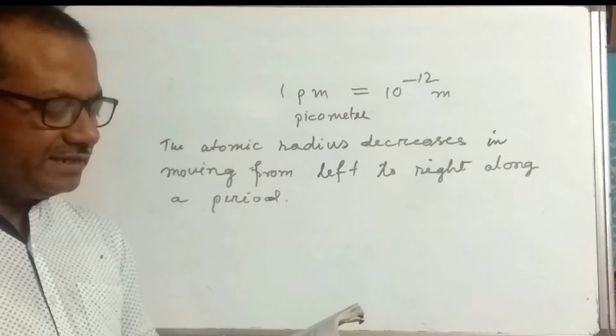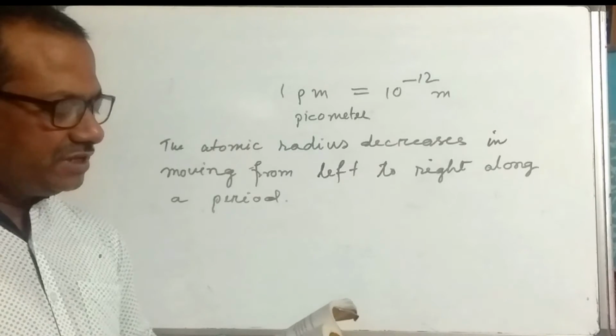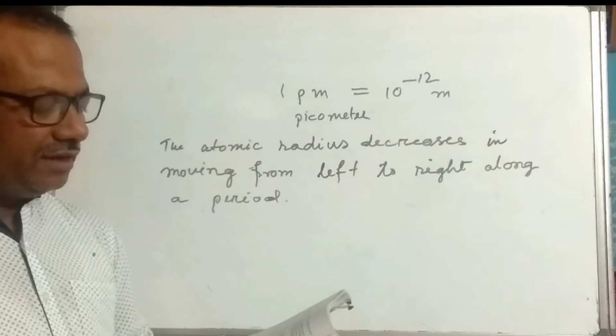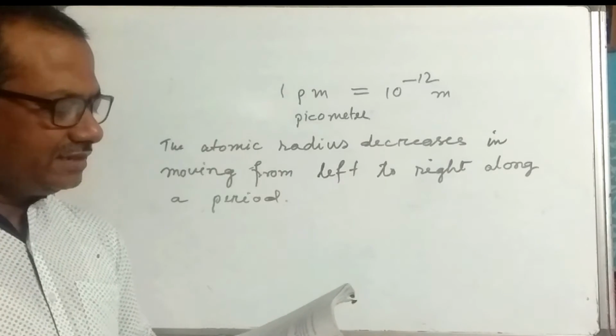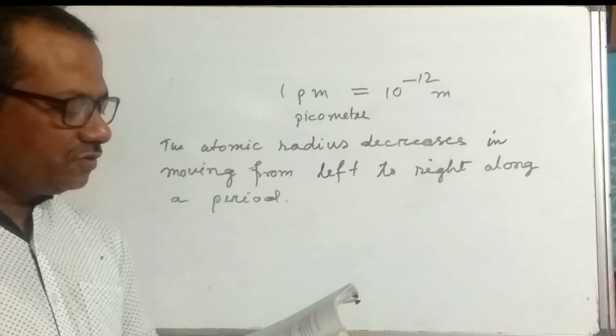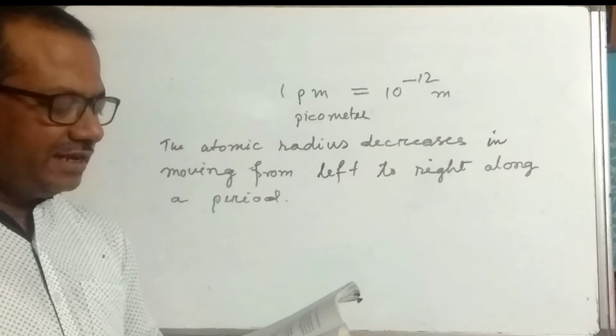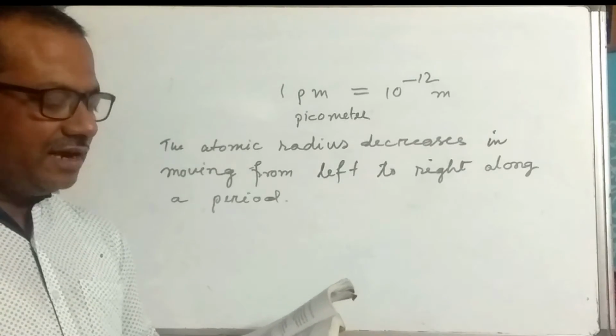The atomic size increases down the group. This is because new shells are being added as we go down the groups. This increases the distance between the outermost electrons and the nucleus so that the atomic size increases in spite of the increase in nuclear charge.